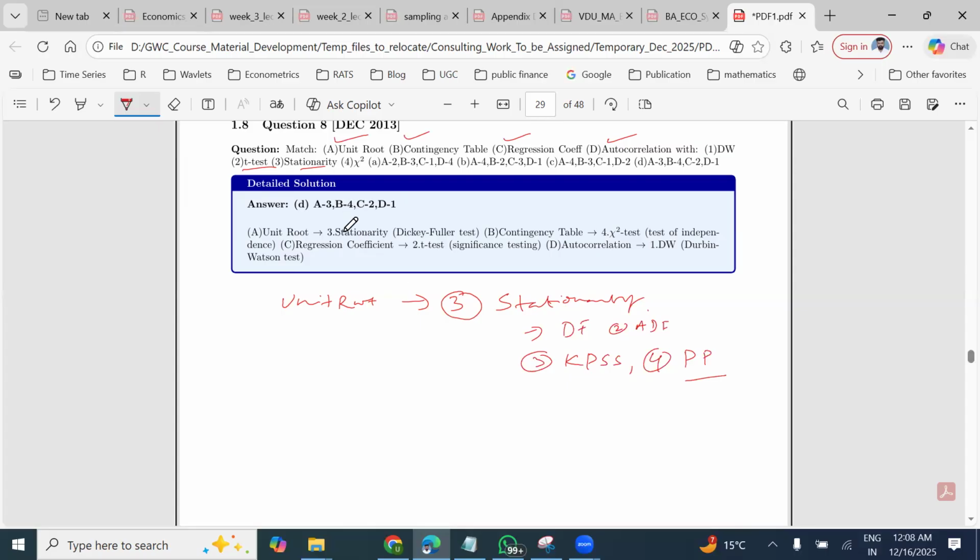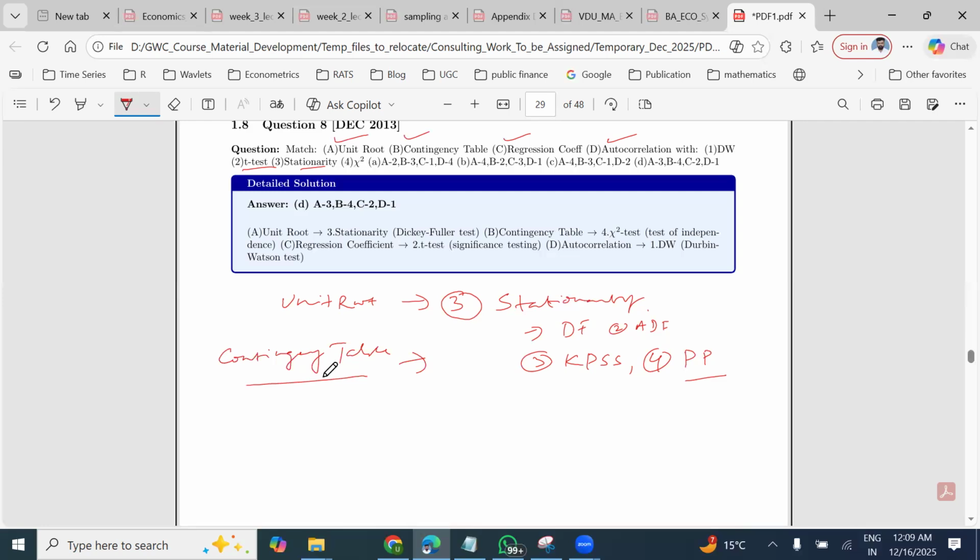Then the contingency table. Have you ever used a contingency table? No, sir. I will show you how you can use it with the chi-square test, because this will take a little time, so today I will not discuss it. But you should remember the contingency table.